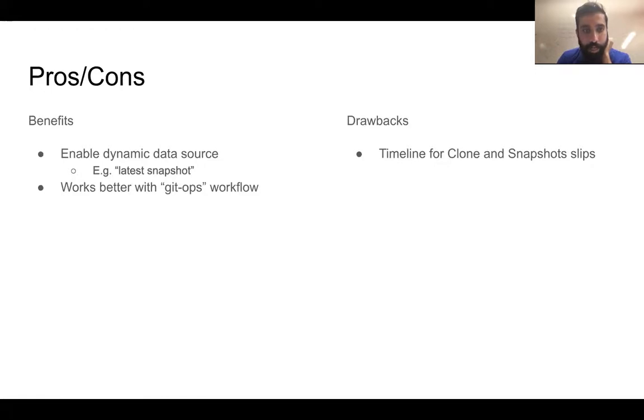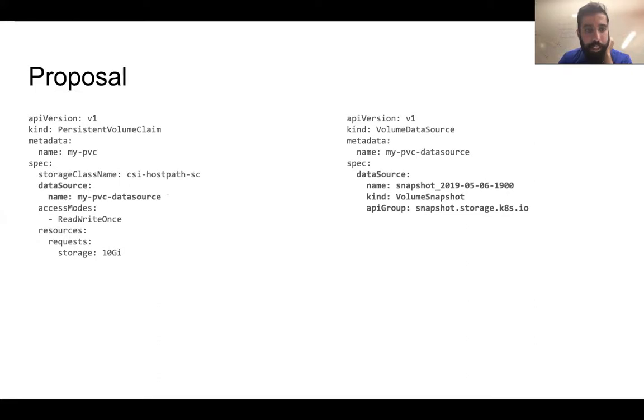You can think of a concrete example as: I want the latest snapshot, whatever latest means. And you can imagine that there would be a controller that's running that accepts a policy of figuring out what the latest snapshot is, and it can go ahead and inject the data source.